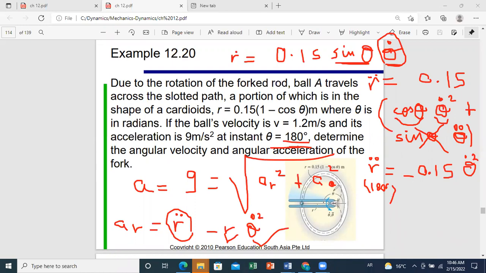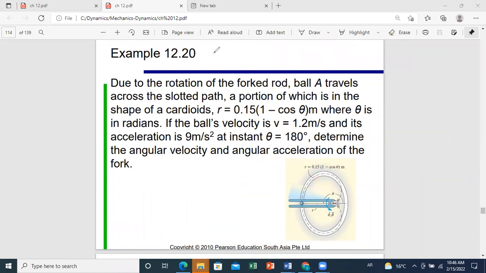You still need to compute A theta. So to get your A theta, you write the formula. What is the expression of A theta? A theta is equal to R dot dot, 2R dot theta dot plus R theta dot dot.